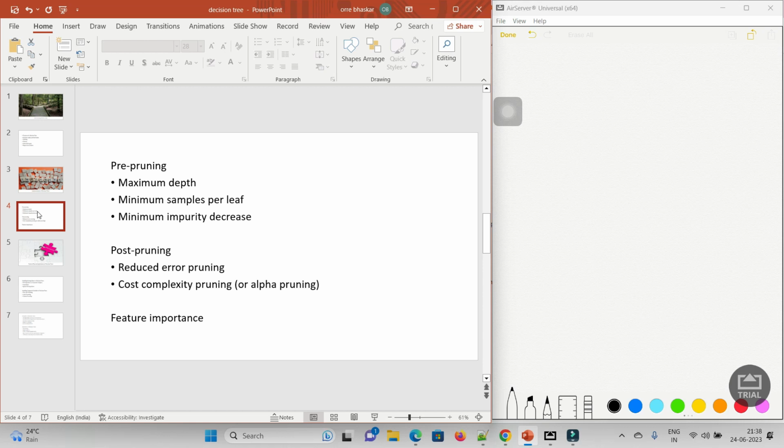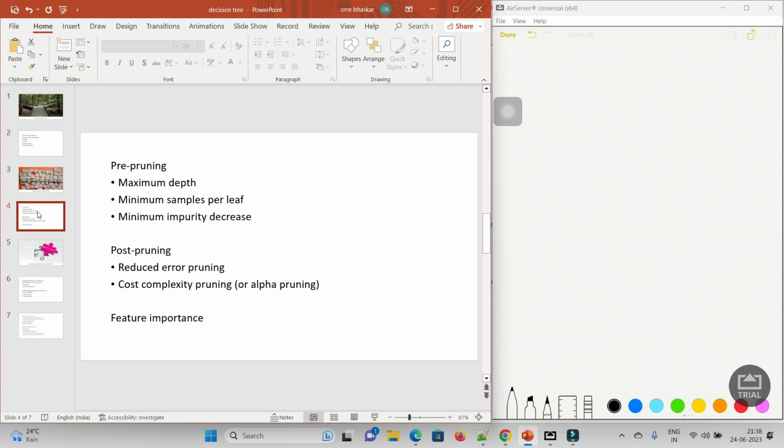Next is cost complexity pruning or alpha pruning. It assigns a cost or complexity value to each subnode based on the model's performance and complexity. Pruning decisions are made by comparing the cost of pruning a subtree with the cost of keeping it. Based upon that, we prune it.